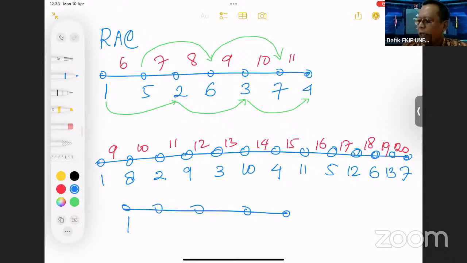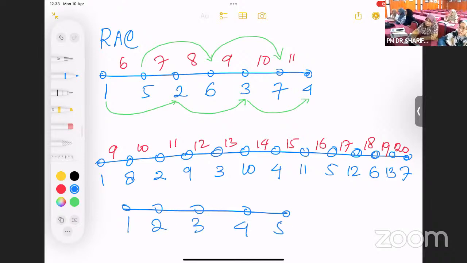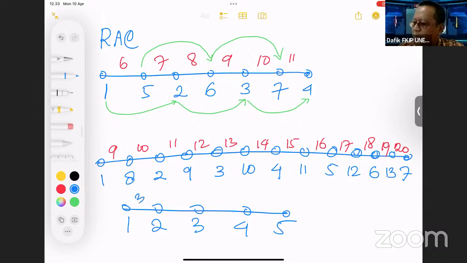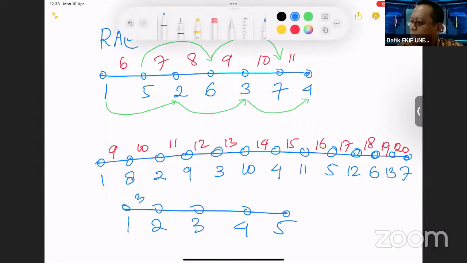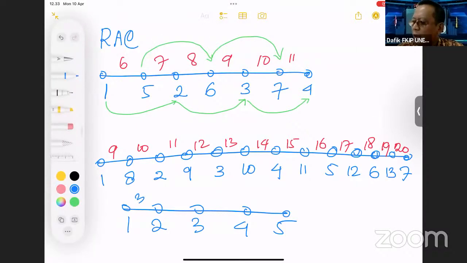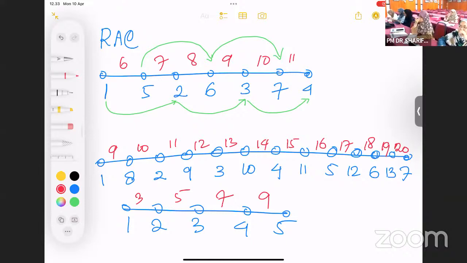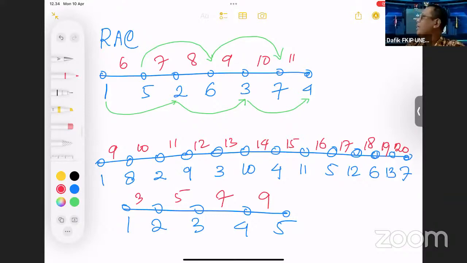And then I get 1, 2, 3, 4, 5. This one is 3, 3, 5, 7, 9. That's okay. That also is satisfied for even order of a graph as well.